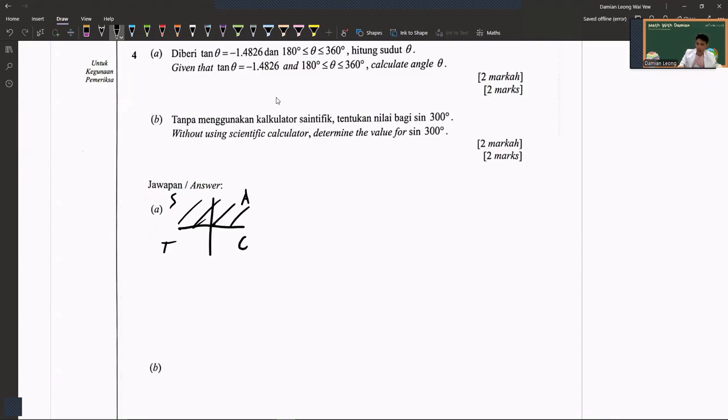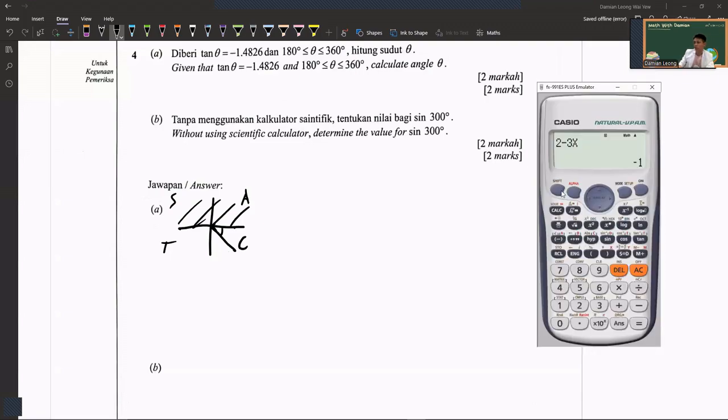Tangent negative means it must be the 4th quadrant, because in the third quadrant tangent is positive. So when I use shift tangent inverse of 1.4826, I get 56 degrees.